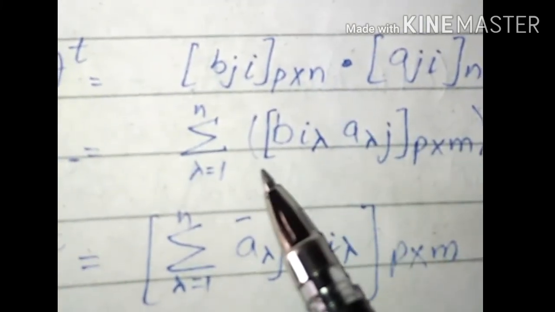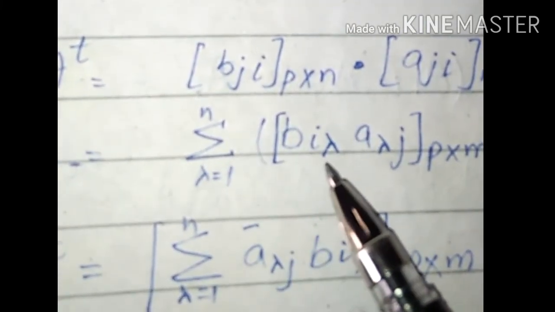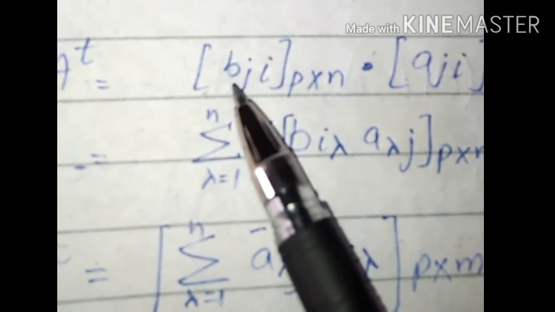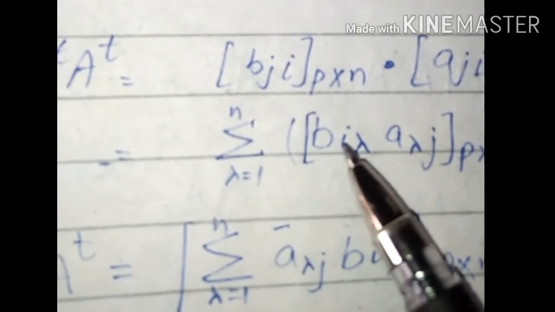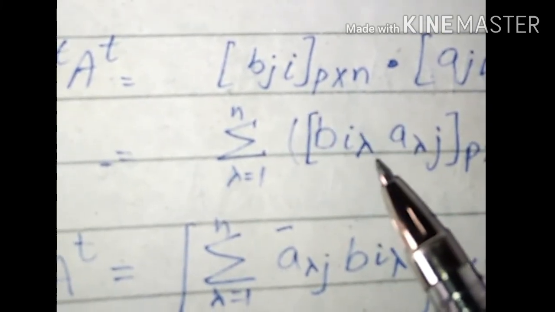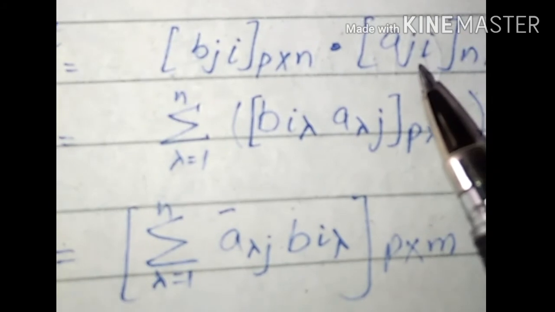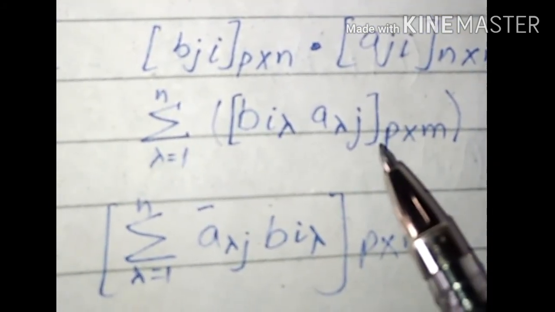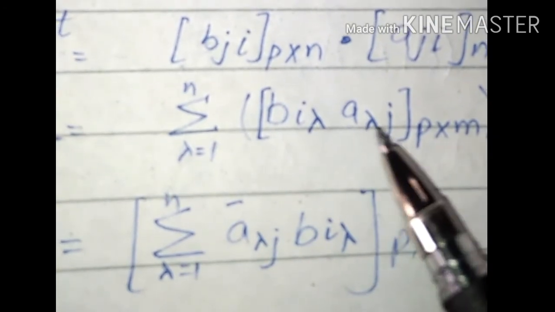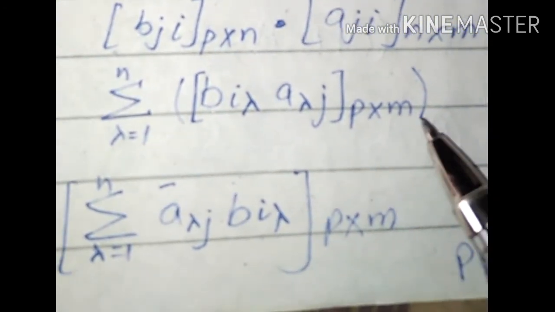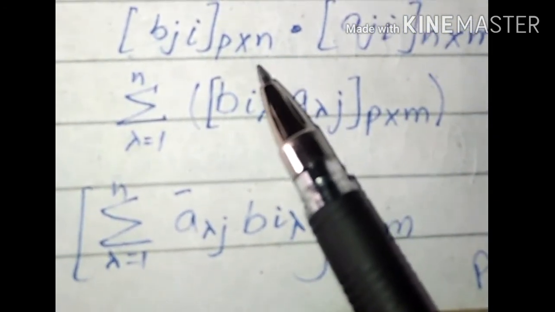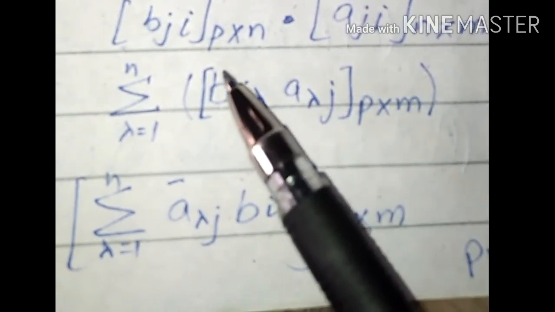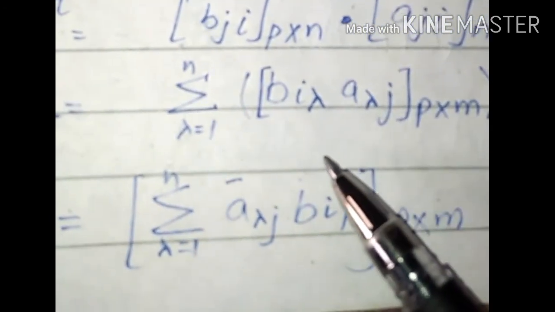So after multiplication, lambda varies from 1 to n, b_i lambda, where the number of columns is changed, and in matrix A the number of rows is changed, b_i lambda a_lambda j, p cross m, because n is the same, giving p cross m.